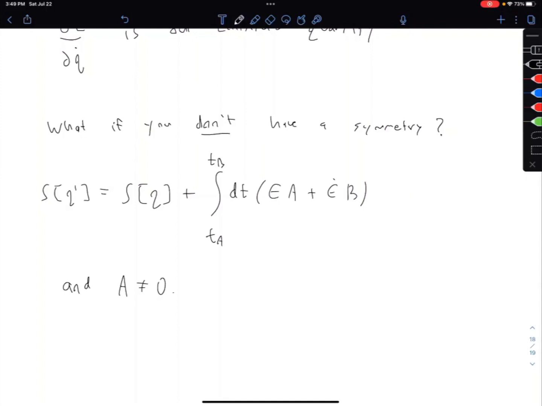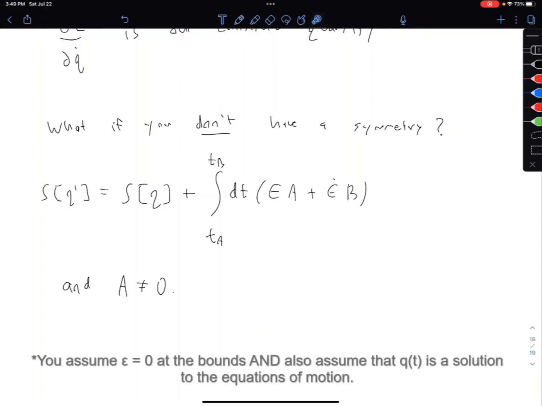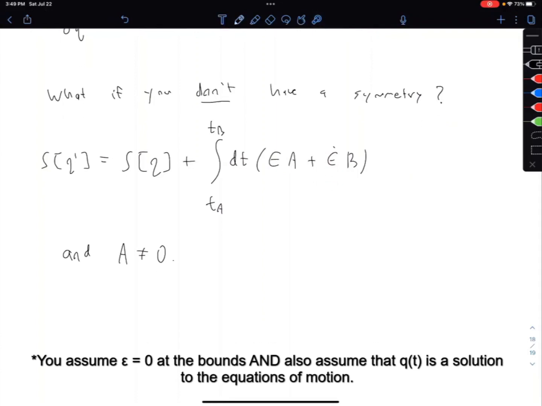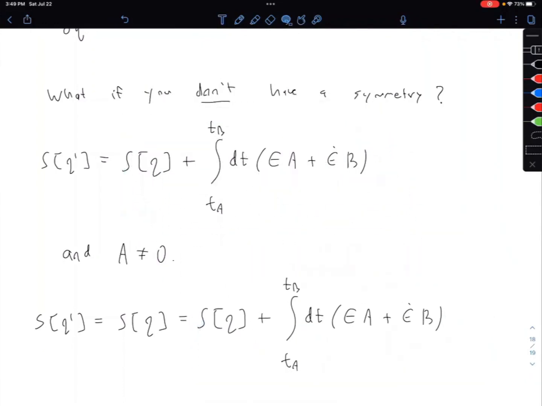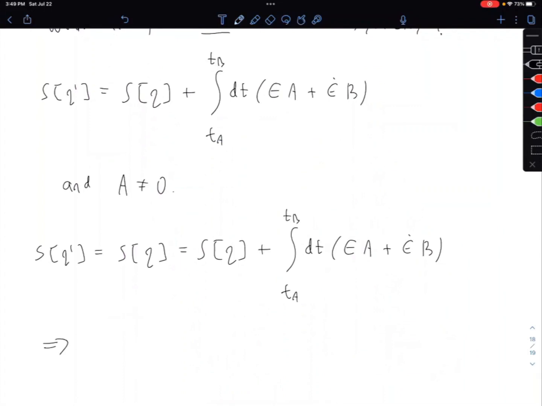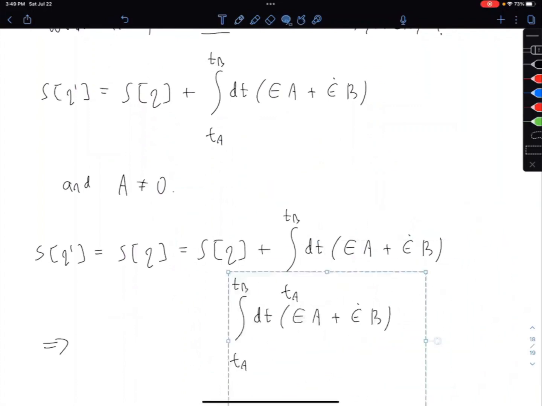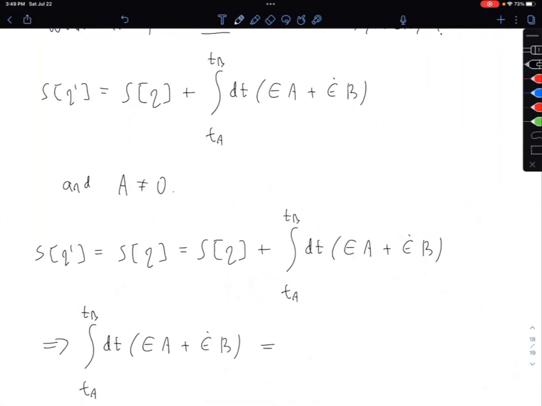But if you go through the same arguments that we did before, remember the next step in the argument was you assume that epsilon vanishes at the bounds. When epsilon vanishes at the bounds, S of Q prime will be equal to S of Q, but it will still be equal to this, and that will imply that this is 0.